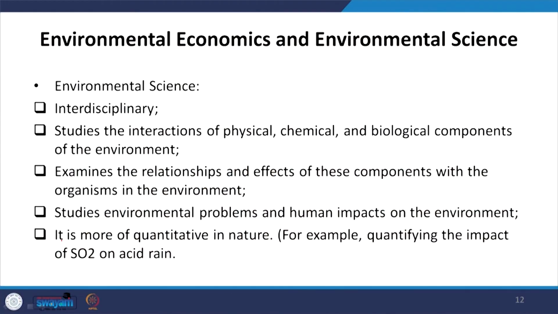So, environmental science is interdisciplinary. It includes inputs from many natural sciences. It studies the interaction of physical, chemical, and biological components of the environment. It examines the relationship and effects of these components with the organisms in the environment, and it also studies environmental problems and human interaction with the environment.